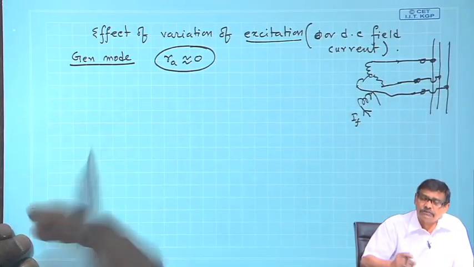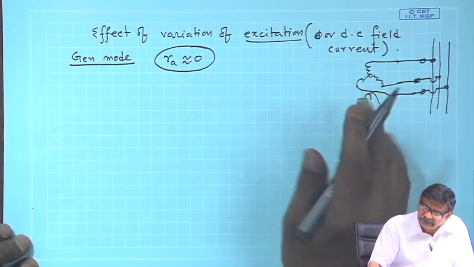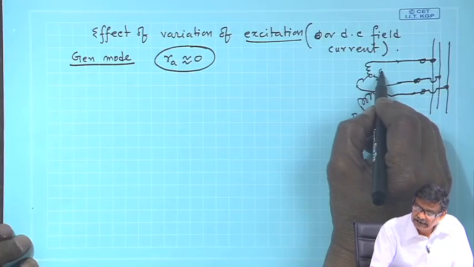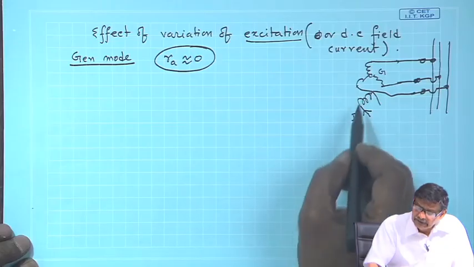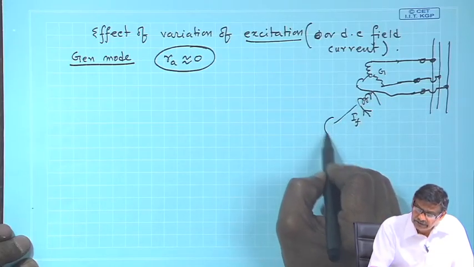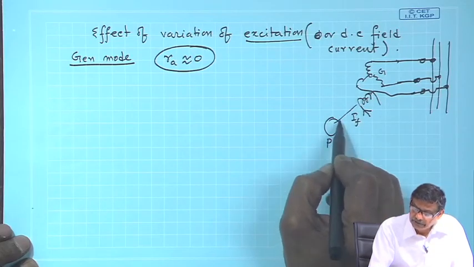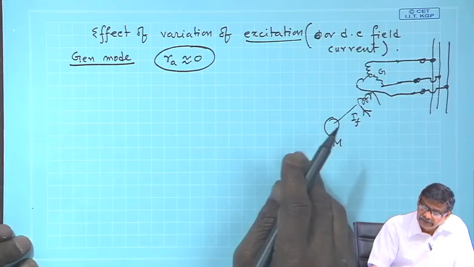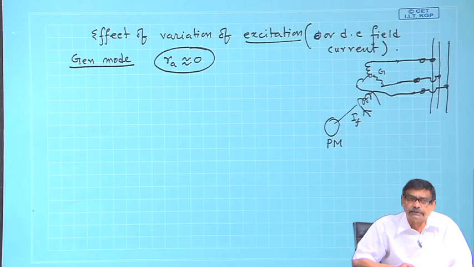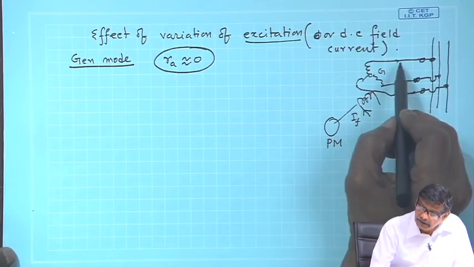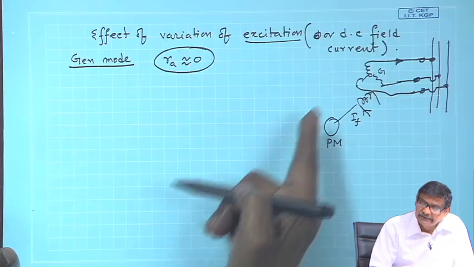How to synchronize, those things we have discussed. So, the synchronous machine is operating as a generator. How will it operate as a generator? Because this rotor is driven by a prime mover. And what is a prime mover? A prime mover could be a steam engine, a water turbine, a steam turbine or a diesel engine, this sort of thing. Now, it will operate as a generator.